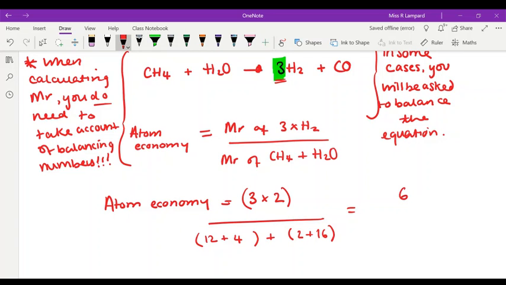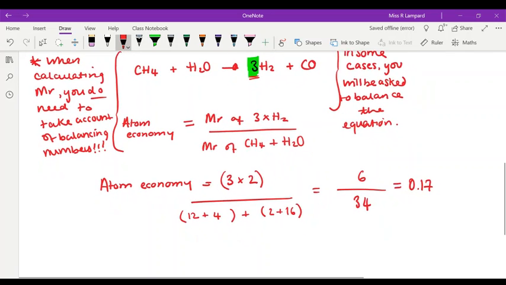So we essentially have 6 divided by 18, which gives us 0.17. And again, this is expressed as a percentage.